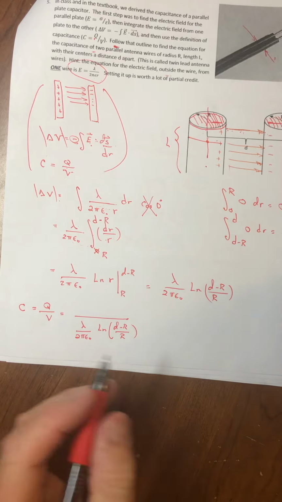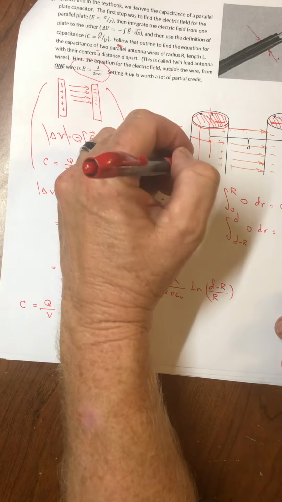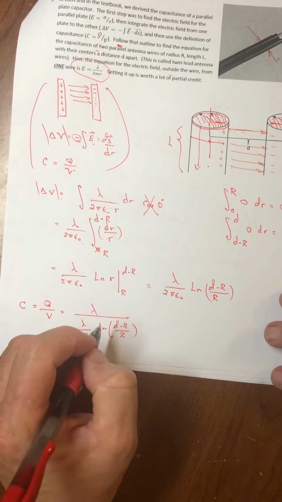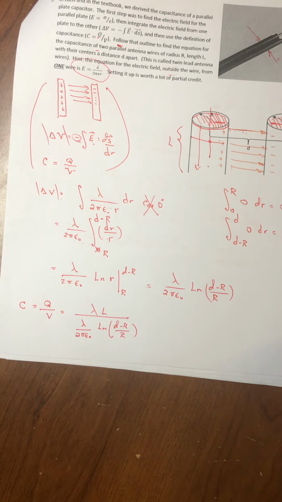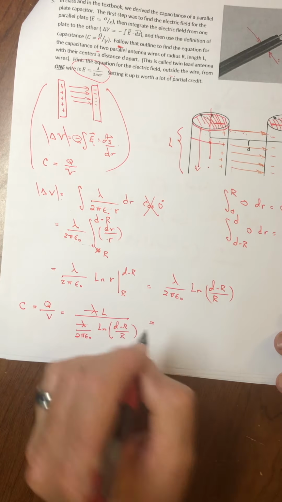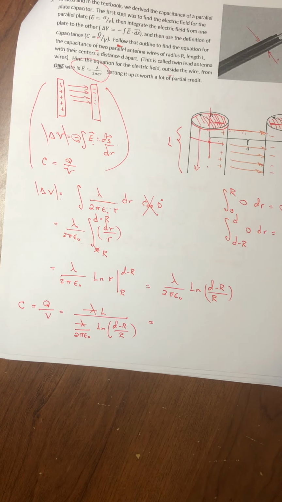And so I guess I would just do this. If it's uniformly spread out, it would be lambda then times the length L. And so you can see now the lambda is canceling off. Again, that's why the capacitance will not determine how much charge you actually have.